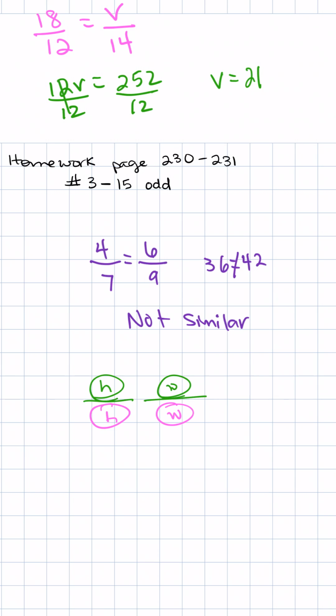Okay? So don't put the same ones on top of each other. Make sure you do the height to the height, the width to the width. And if you didn't know one of them, you could just leave it as a W or H, cross multiply, and solve the equation to find the missing number.